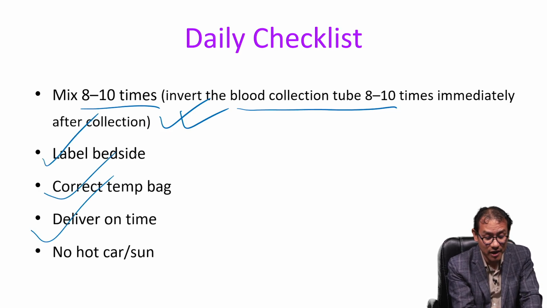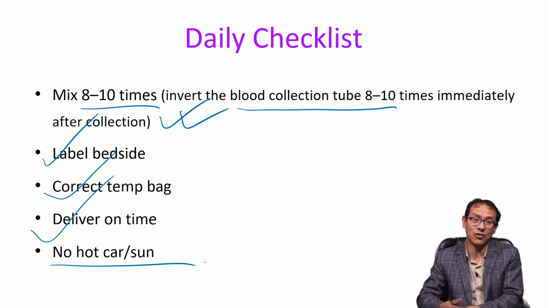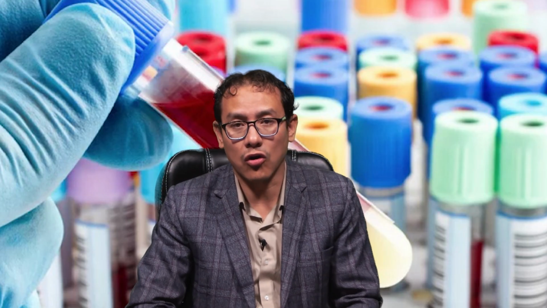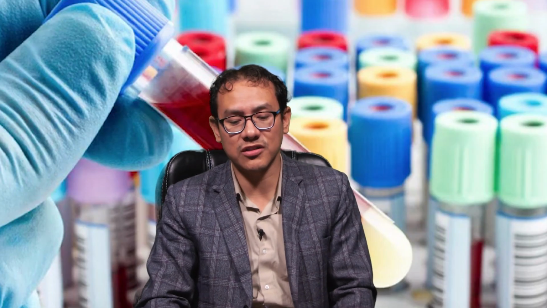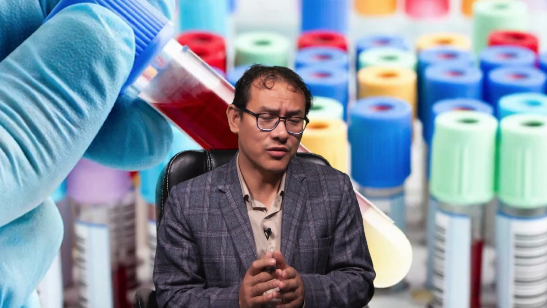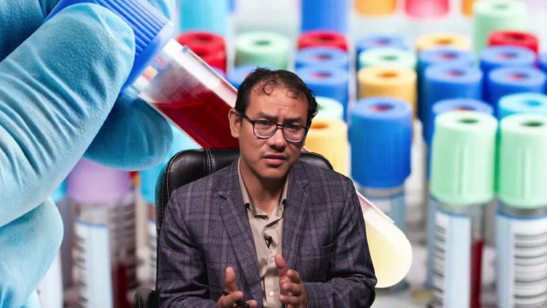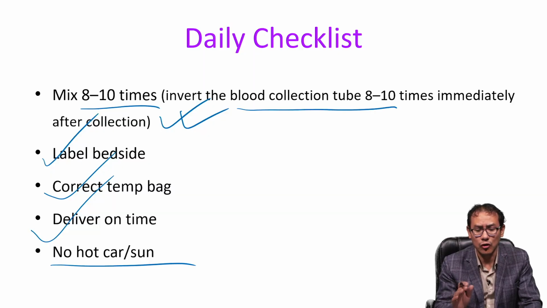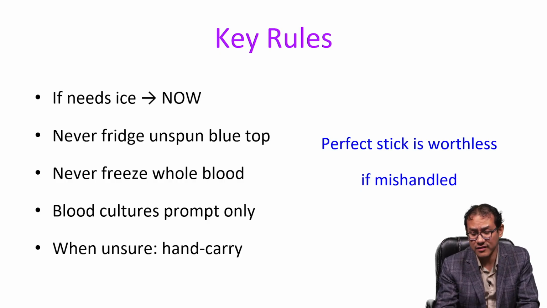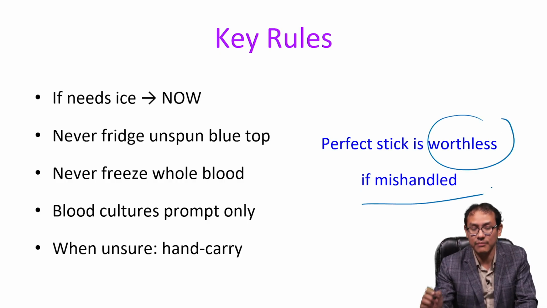Delivery should be on time, with no unnecessary exposure to hot temperature, sun, or a hot car during transportation. These are the basic requirements, and accordingly you have to do it.